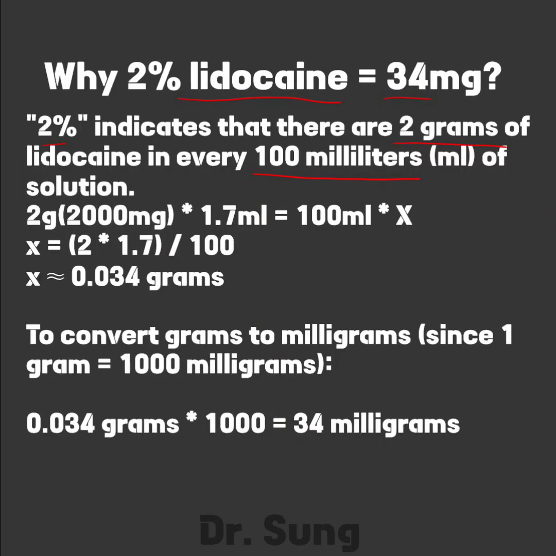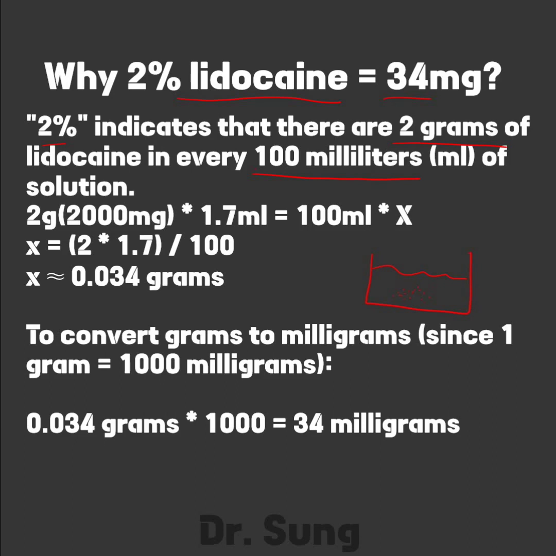1.7 is the one carpule, but this 2% means that there are 2 grams in 100 milliliters of solution, which means that there is, let's say, 100 milliliters of water or any liquid, and there are only 2 grams of lidocaine molecules. Okay, you understood? So 2 grams is 2000 milligrams, and we do a proportion.